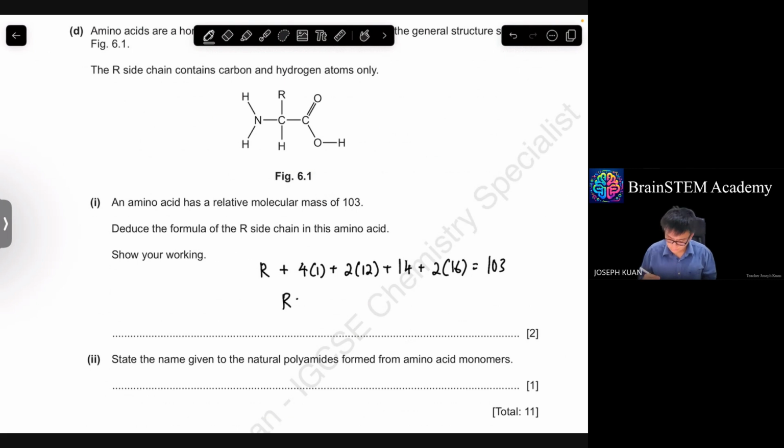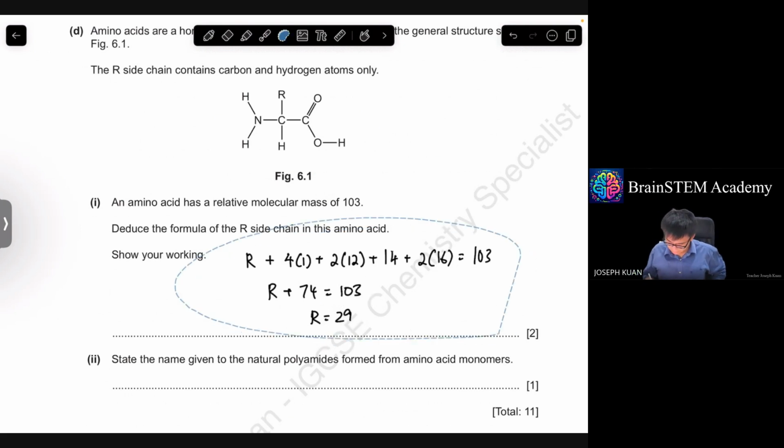So R is 4 hydrogen plus 74. So 103 minus 74, I get 29. Is that true? Yes, 29. What could that be?